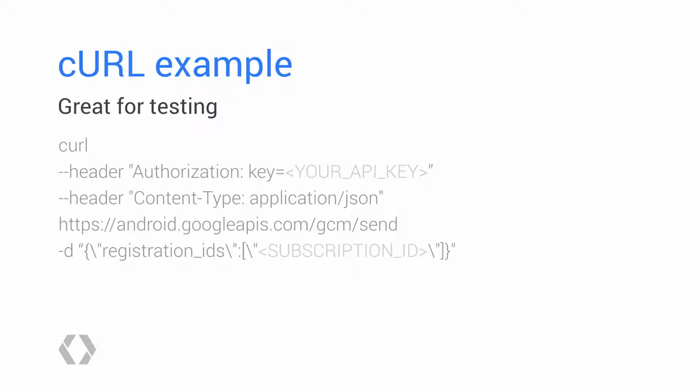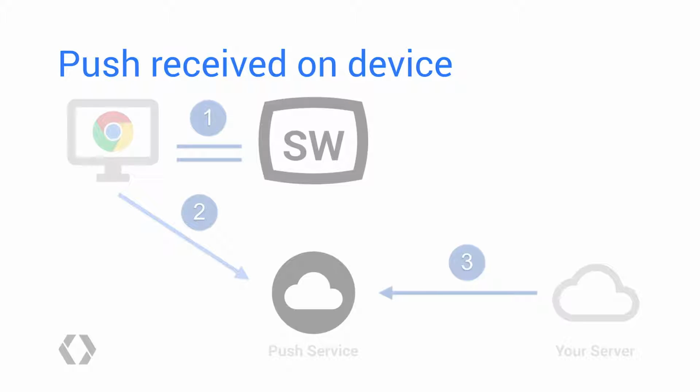For GCM, take the endpoint, parse out the subscription ID, and make a RESTful API call to the GCM endpoint, using your public API key as an authorization header, and passing in the subscription ID inside the registration_ids field. Right now, nothing's going to happen yet when you send a push message, because we don't have our service worker set up to handle the event.